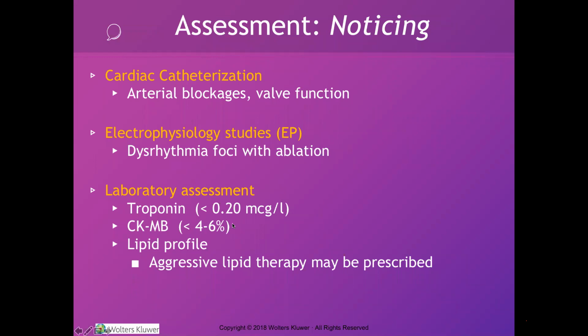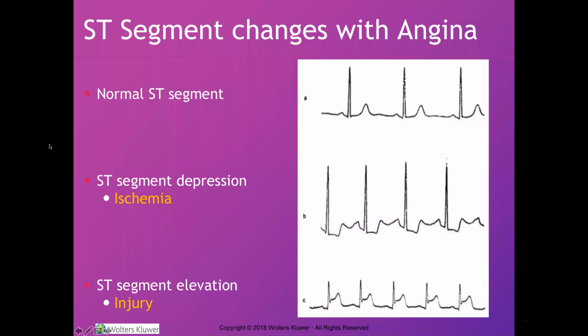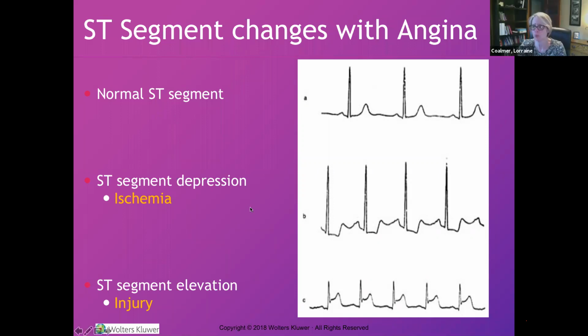Thank you. Lorraine, I have one quick question for you, back on the injury and the ischemia. Your ST segments are always going to be depressed with the ischemic. It will always be depressed. Oh my God, are you a black and white person or what? For the most part, yes. Ischemia, you'll see depression. Now you tell me that, and then you'll find somebody that didn't.